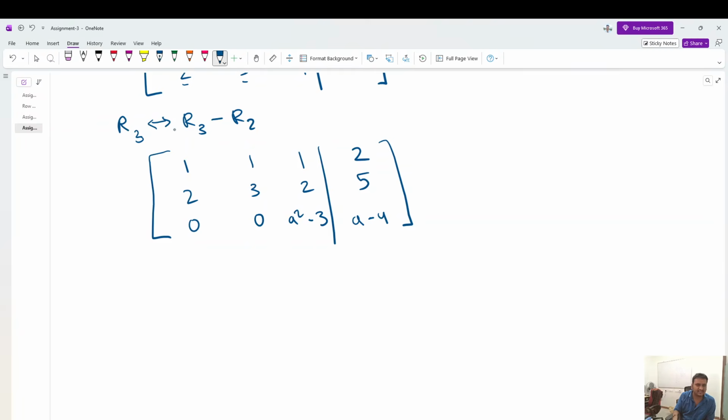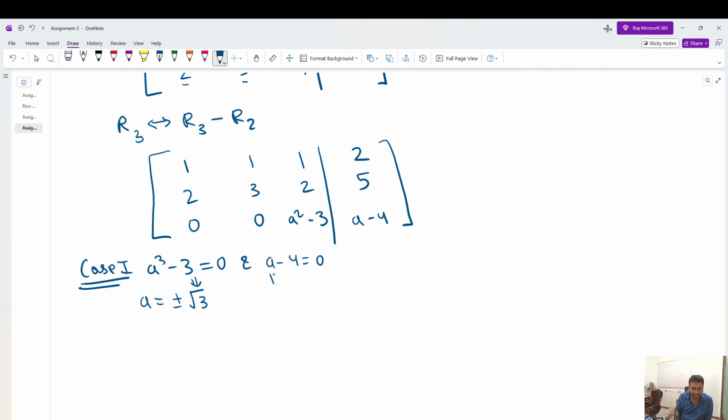So what will be the cases? Case 1: A square minus 3 is 0 and A minus 4 is 0. So what are the possibilities, guys? A is equal to plus or minus root 3 from here.